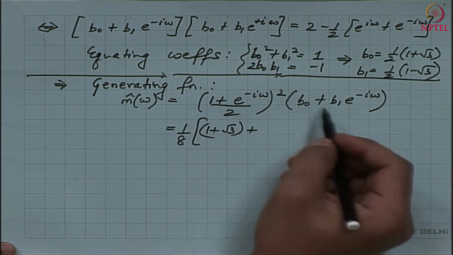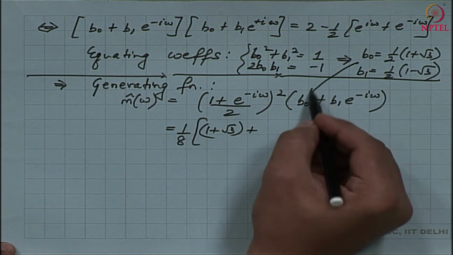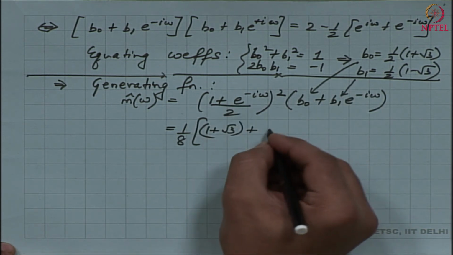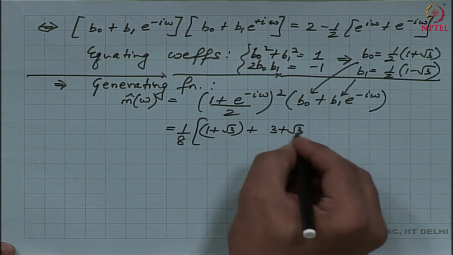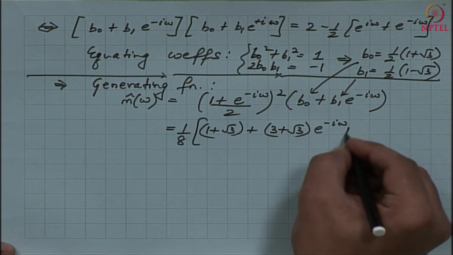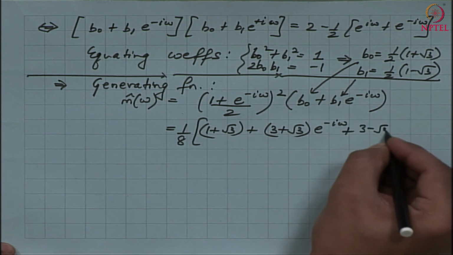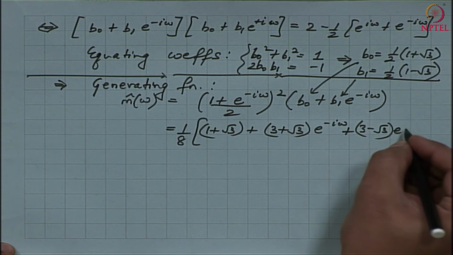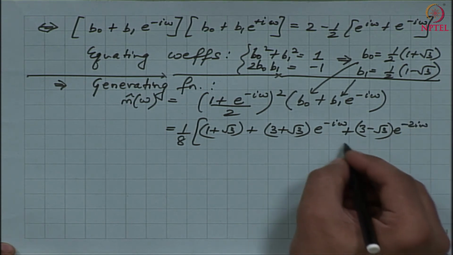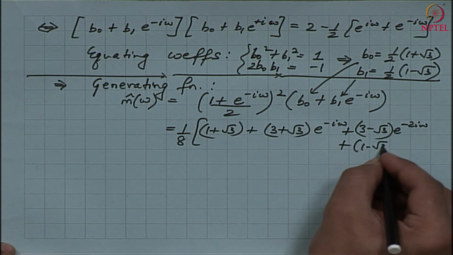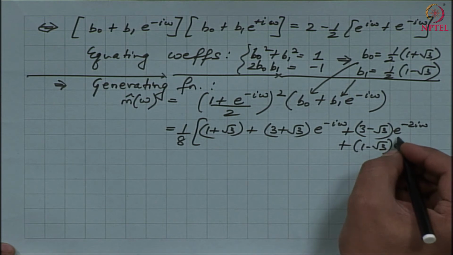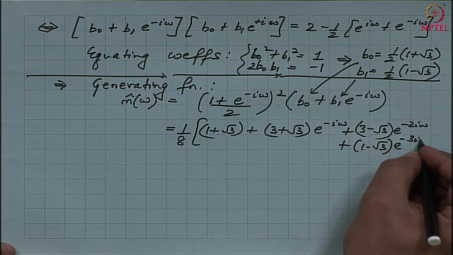So, this is after all the substitutions of B0, B1 and simplification. I get that this is this plus this times e to the power negative i omega plus 3 minus square root 3 times e to the power negative 2 i omega plus 1 minus square root 3 times e to the power negative 3 i omega.